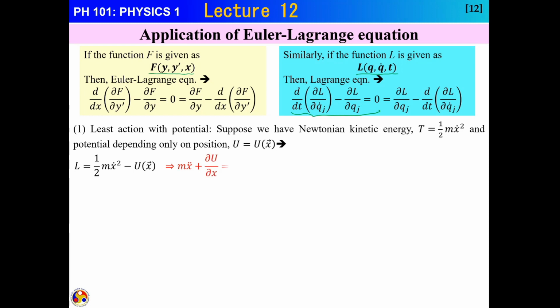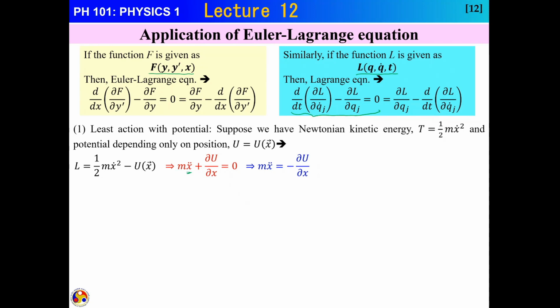So that is going to give, because this d by dt is there, m x double dot plus dou U by dou x is 0, or I can write it as m x double dot equal to minus dou U by dou x. Now what is the term on the right side in this equation? It is nothing but my conservative force.